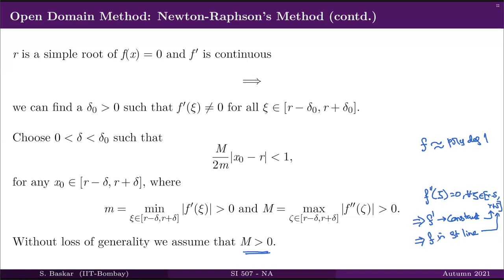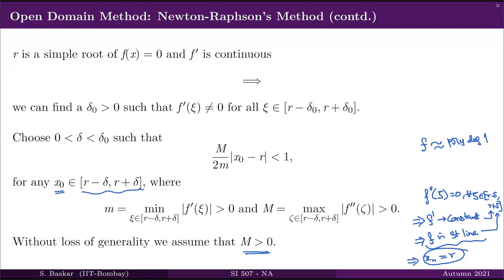On the other hand, if f itself is a straight line, then your x_n will be equal to r, right? In particular, if you are choosing your x_0 in that neighborhood where f is a straight line, then x_1 is equal to r.